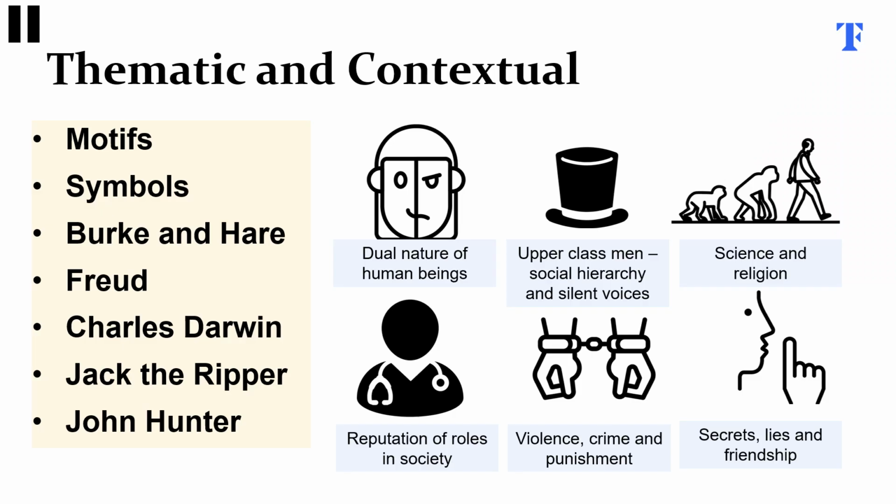So the next section that we'll have a look at is thematic and contextual knowledge. As I'm sure you've already heard several times in these videos, we are first and foremost English teachers, not history teachers. So pupils don't need to know everything about the context of the 19th century for you to be able to teach Jekyll and Hyde well.